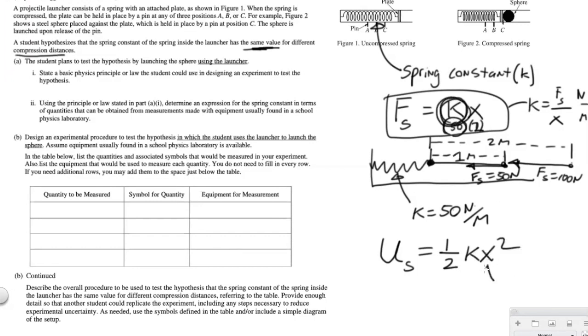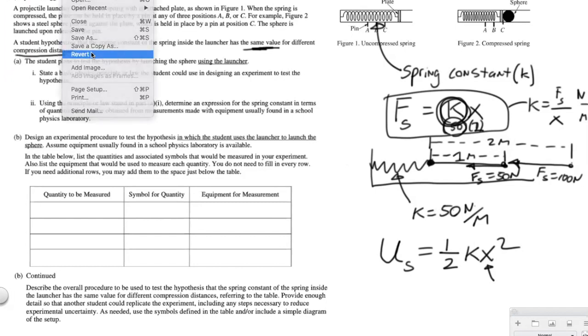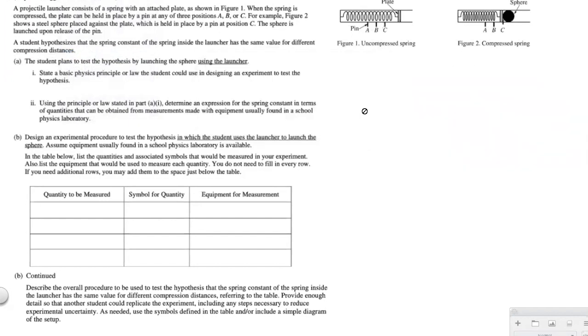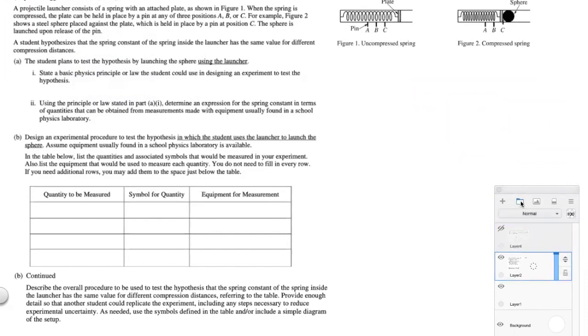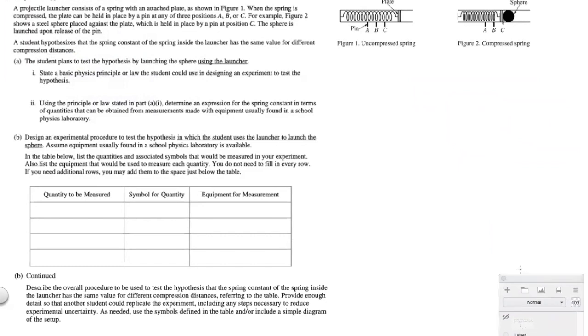And again, X is how far you stretch or compress the spring. All right, so we have multiple options for this again. There's not just one possible answer to this. So I'm going to go through a few different options.